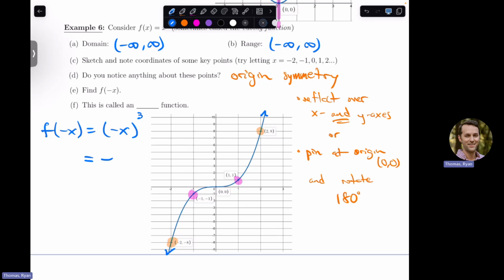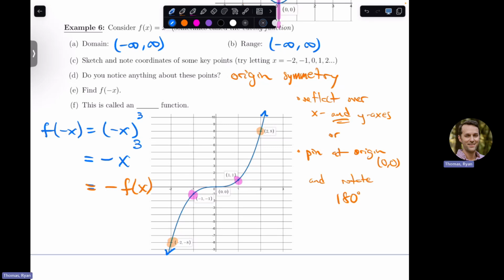X times x times x, so 3 of them, which I should write as x to the third. So what's happening is that we're changing order of operations, right? The negative pops out of the parentheses. Now it happens before the exponent does, which is the same thing as taking the function f of x and just throwing a negative sign out in front of it.